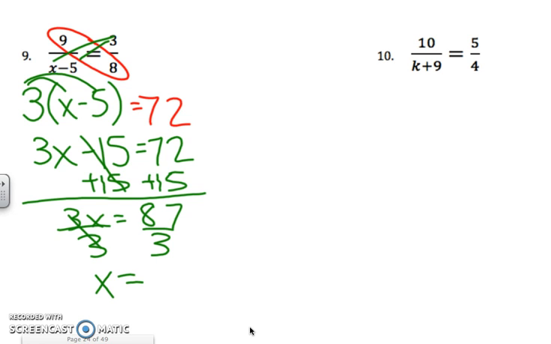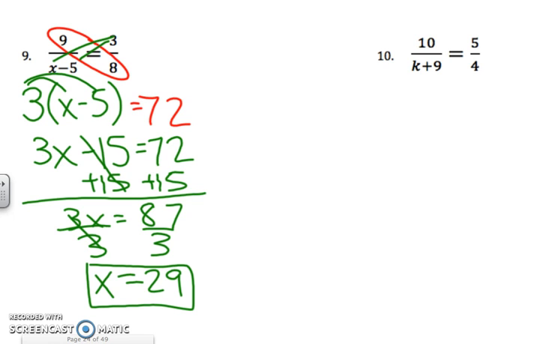So x would equal 29. Yes. I don't have a calculator in front of me right now, so forgive me. I believe it's 29. Alright, so you press pause, try number 10, and cross multiply those.